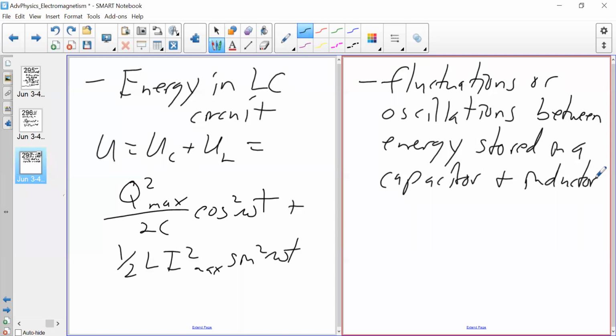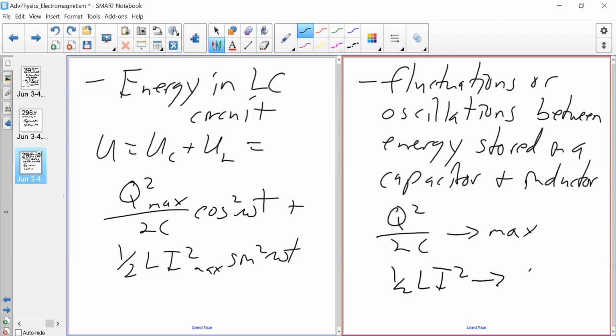So when Q squared over 2C is max, 1/2 L i squared is 0, and vice versa. And lastly, since that is the case, when one is max, the other is min, the energy values or the amplitude on a graph would be the same.